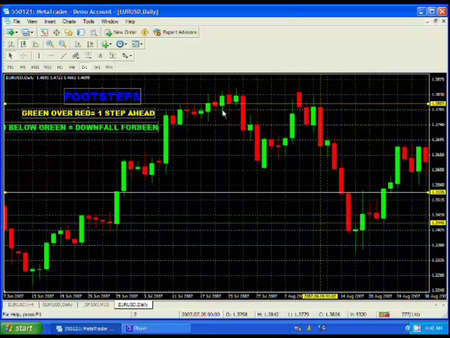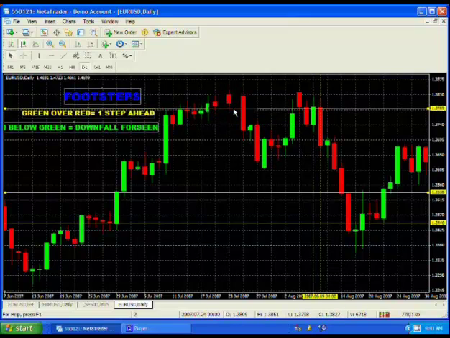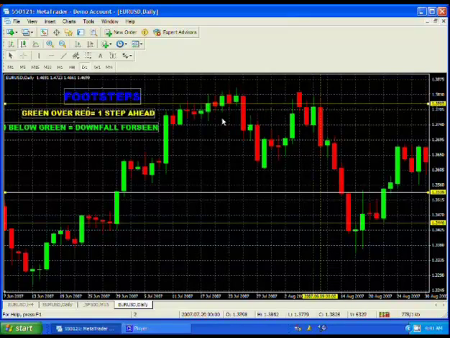Now we didn't quite make the range of this bar. We hit the real body of this bar, or not quite the real body of this bar. But you can see what I'm talking about, because this is the break, and this is the most recent resistance, or the most recent green bar after the break.